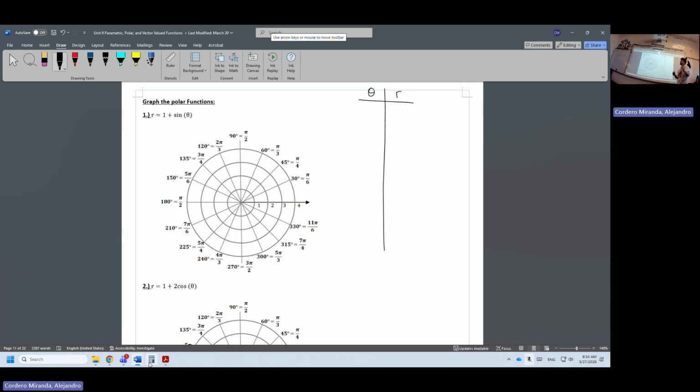But if you're a little confident, you could skip some of the in-between ones. Let me do 0, pi over 4, pi over 2, 3 pi over 4, 4 pi over 4 would be pi, 5 pi over 4, 6 pi over 4, which is 3 pi over 2, 7 pi over 4, and 8 pi over 4, which is 2 pi.